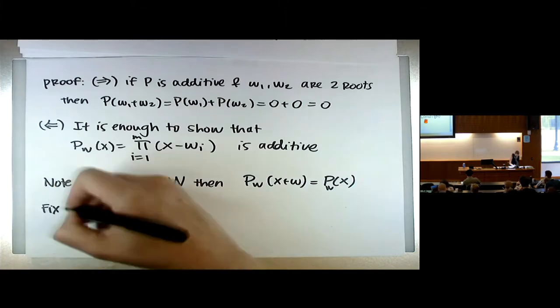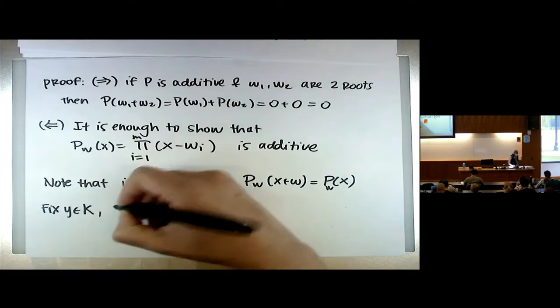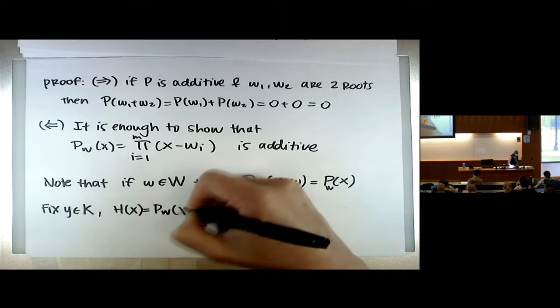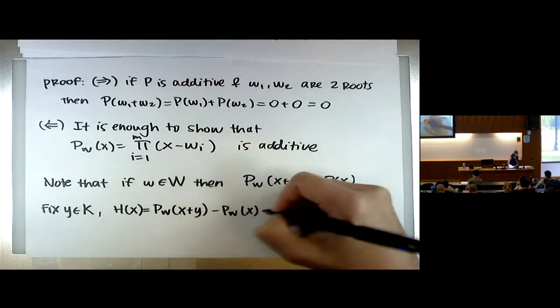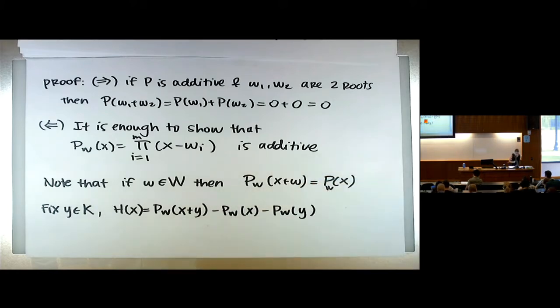So I'm going to start by fixing Y in my field. And I'm going to let H of X be this polynomial. Okay. So again, I'm using my thing where Y is a constant and X is an indeterminate. So I'm playing that game.